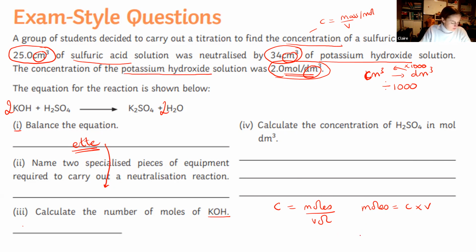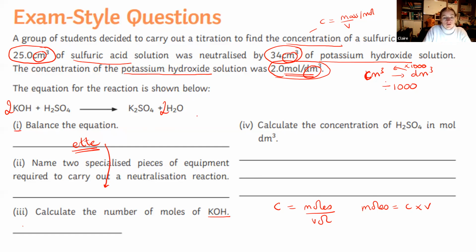What's really important when you've got an equation is that I add information underneath the equation. So I go back over the question. I've got 25 centimeters cubed of sulfuric acid, and you should be able to recognize that H2SO4 is sulfuric acid.